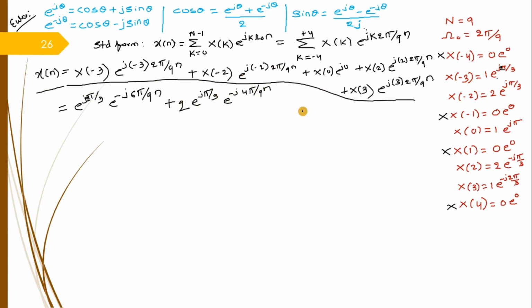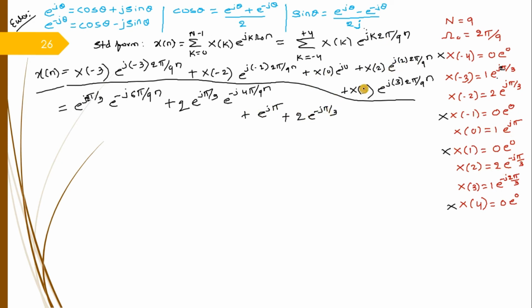So okay, this is for your easiness. Plus next is x of 0. x of 0 is e raised to j pi. Next, x of 2 is 2 into e raised to minus j pi by 3.